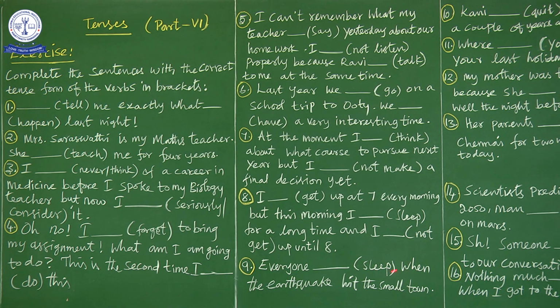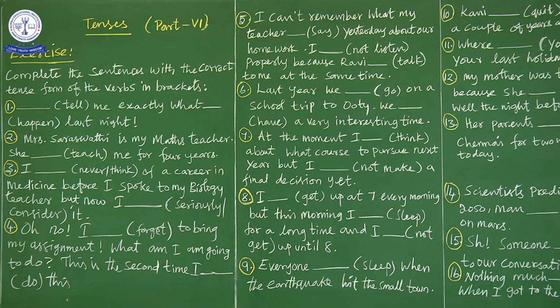Everyone dash sleep when the earthquake hit the small town. Now what is the keyword here? The keyword is when. Okay. So since the when is there, and here hit, it is in the past tense. So one is in the past tense, and for the other sentence it can be simple past, past perfect or past continuous.